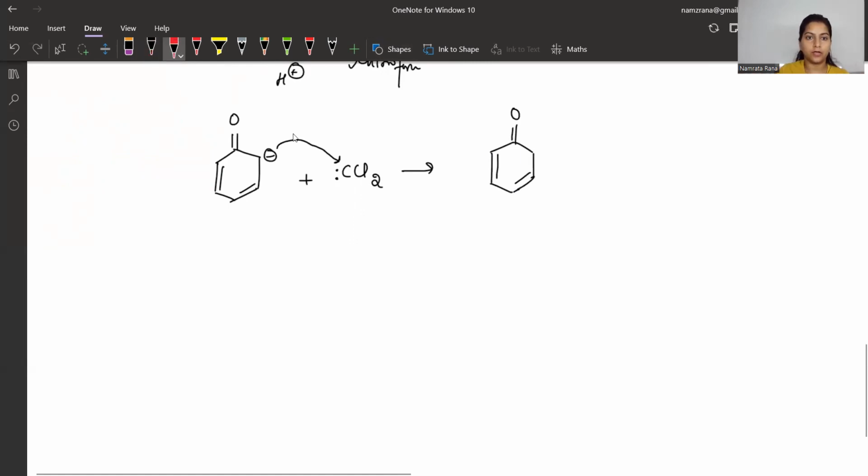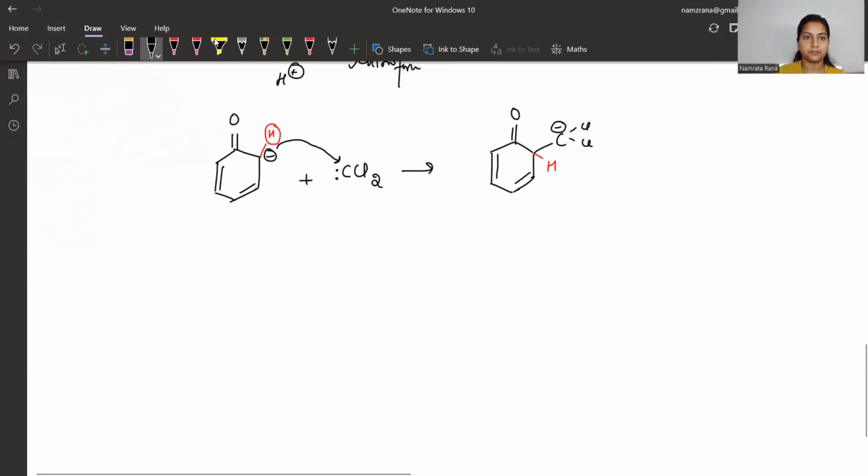Also, if you consider this structure, you also have a hydrogen here, and carbon here, which was having 2 Cl. Now this carbon is electron deficient also, because it has only 6 electrons in it, right?